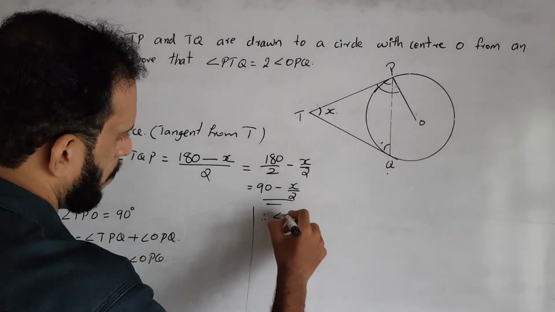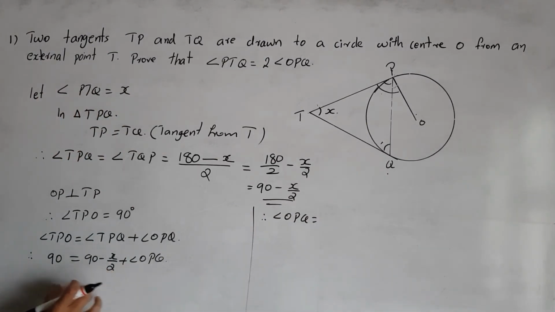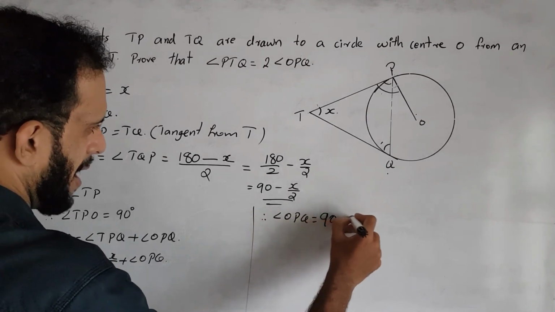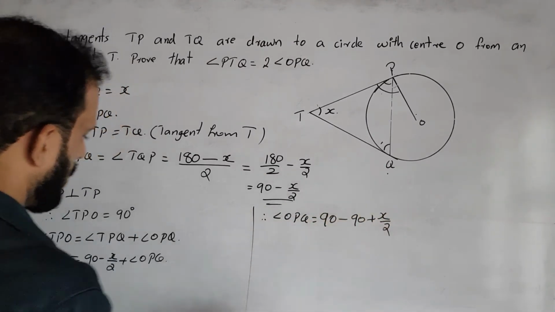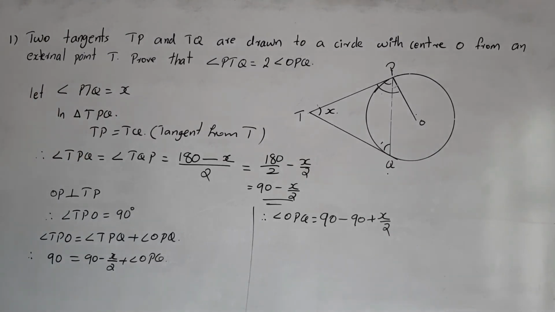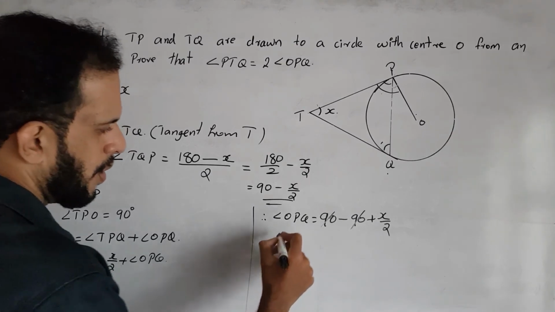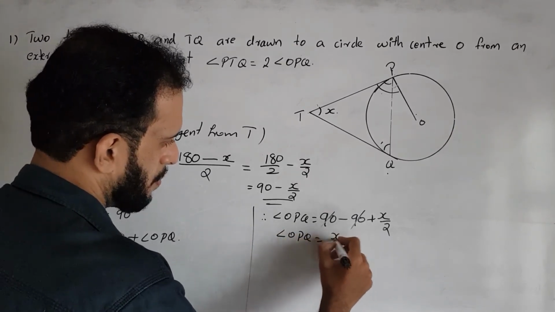Therefore angle OPQ is equal to, we transpose this to the LHS, 90 minus 90 plus x by 2. Okay, we are transposing one by one. Then 90 minus 90 cancels, 0. So angle OPQ is equal to x by 2.